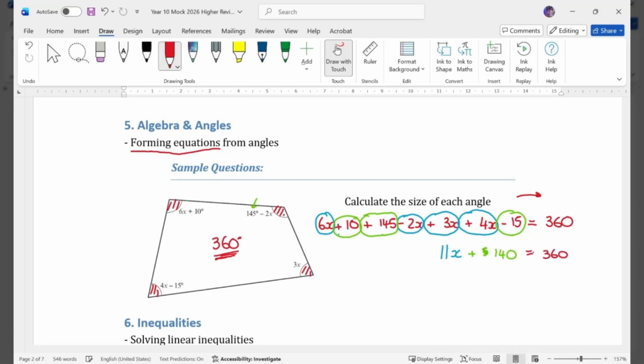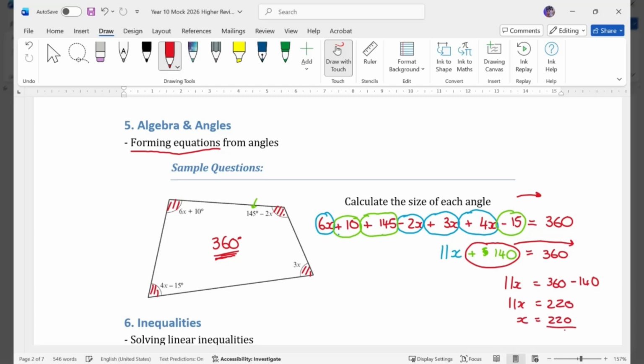Now I can use my magic bridge. We tend to take the number family over with the numbers on the right-hand side of the bridge. So we're left with 11x this side and 360. We need to take that 140 off. So 11x is 220. And to find x, we need to divide that by 11.